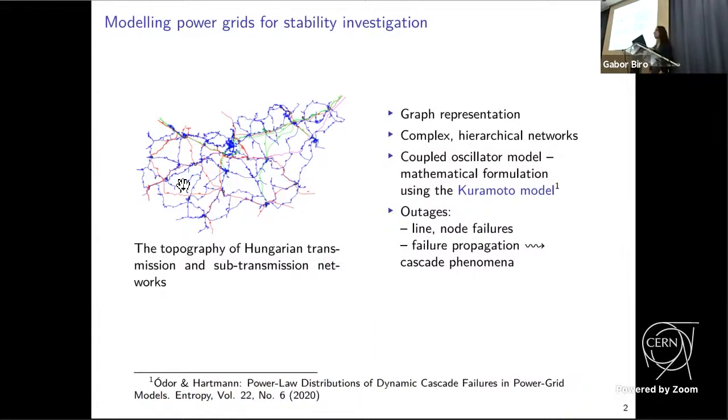And in terms of a power grid, this graph is made up of nodes that correspond to, for example, substations and power plants, and even consumer nodes at the leaves of the graph. And the edges of the graph are the power lines between these nodes.